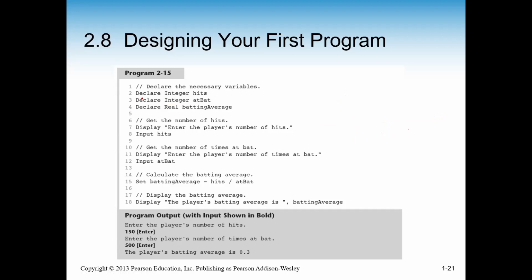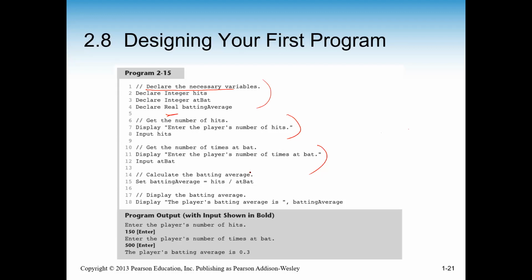Instead, we want to explicitly write the word declare and the data type, integer, integer, and then this one's going to be a real number or float. Once you've declared the variables, you get the inputs for hits, then you get the inputs for at bat, also with an output for what you're supposed to enter.